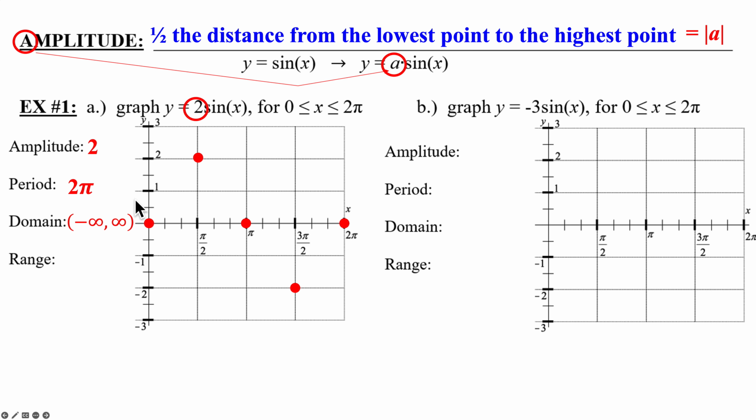So now, let's do the 1 tick marks left and right of your x-intercepts. So 1 tick mark to the right used to be up a half, but a half times 2 is now 1, so I got to go up a little higher. Over here by pi, this tick mark, up a half is now up 1, 1 tick mark to the right, down 1. This x-intercept left 1, down to negative 1.